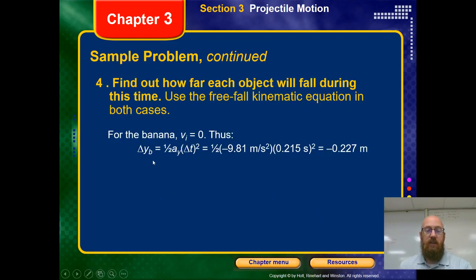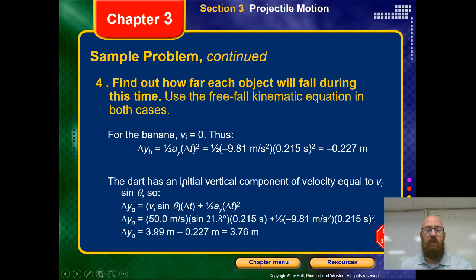Good news is we can find the height of the banana because we know 1/2 times acceleration due to y, or gravity, times the time squared gives us it's going to fall negative 0.227 meters from where it starts. The dart is a little bit harder, but we can still find it. Delta y equals vi sine of theta times t. So again, trying to find the velocity in just the y direction at a set time.